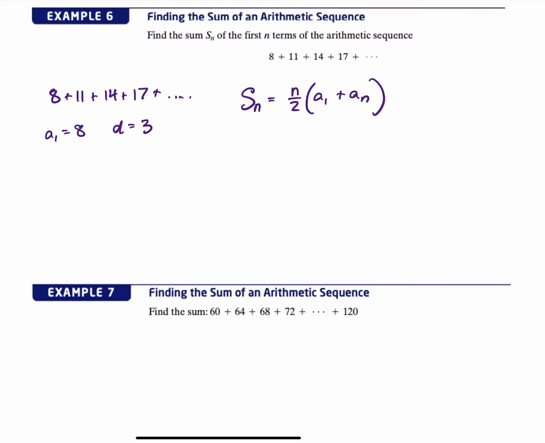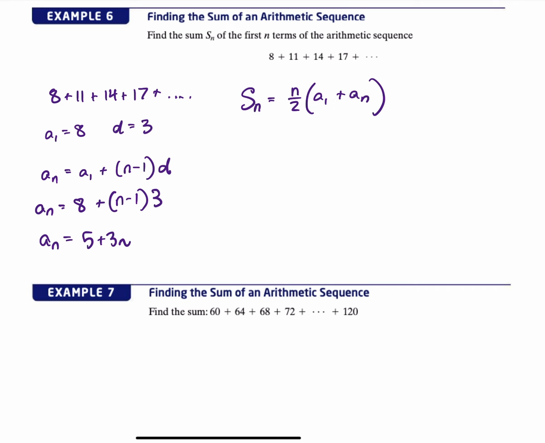So we have our first term, we just need the nth term. And based on our previous work, that should be our first term plus n minus 1 times the common difference. So we know our first term and our common difference, so let's plug that in. That will be 8 plus n minus 1 times 3. And if we simplify that a bit, that's 8 plus 3n minus 3, so 5 plus 3n.